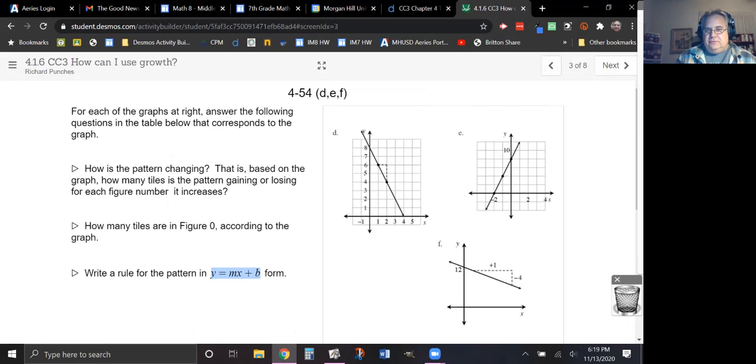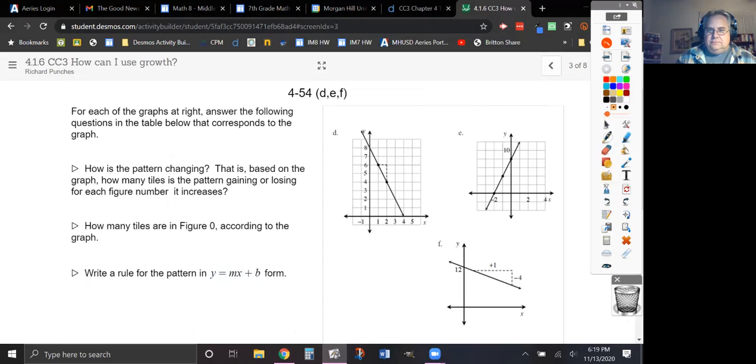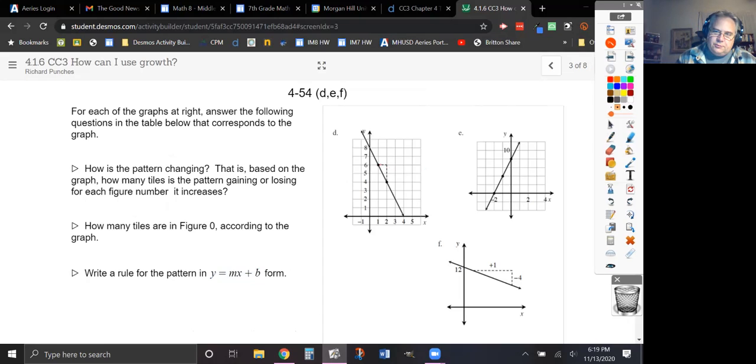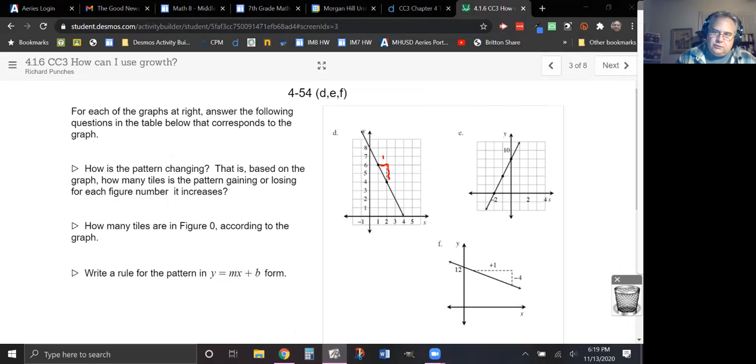First graph. The first graph looks to me that as it moves over 1 figure, it moves down 2, so I'm going to call that -2. You can call it 2, just have to remember that it's actually decreasing, and because it's decreasing, that means the rate of change, the growth rate, is going to be negative.